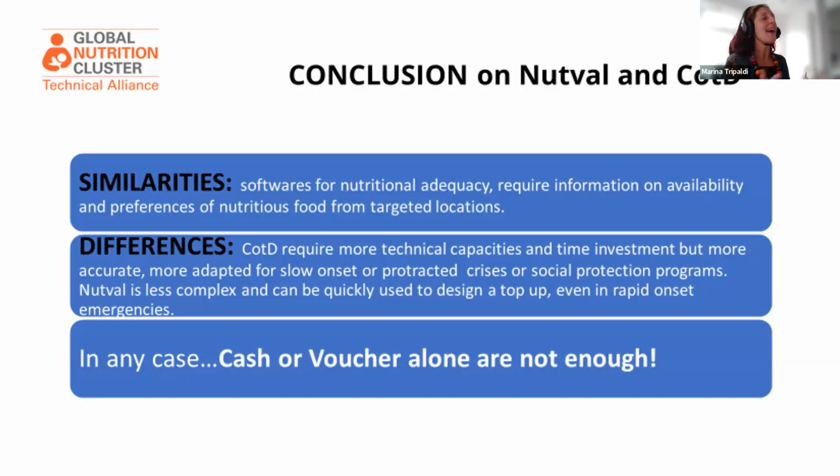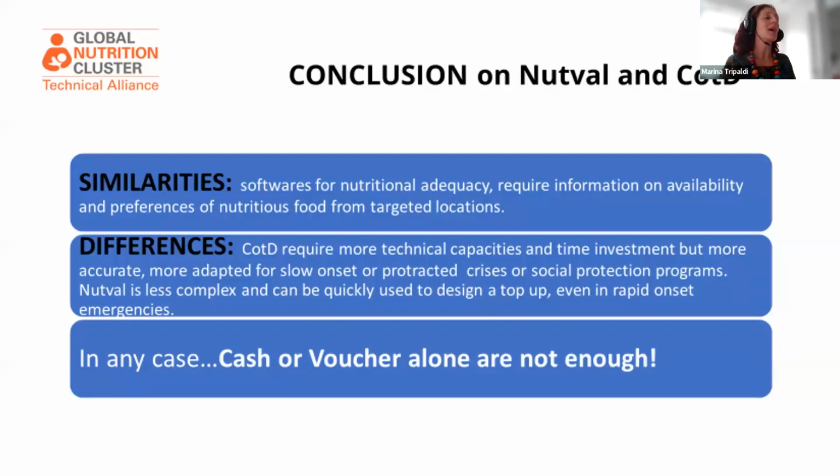When we already have general food assistance, or when we already have some type of response that is covering households' food needs in the targeted location, it might be enough just to design a top-up transfer value that takes into consideration the needs of these individuals.